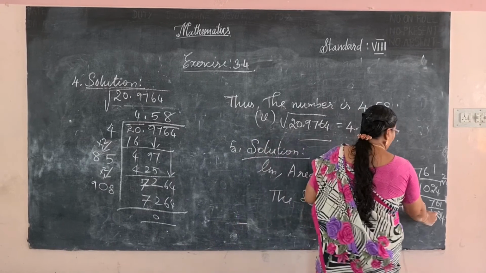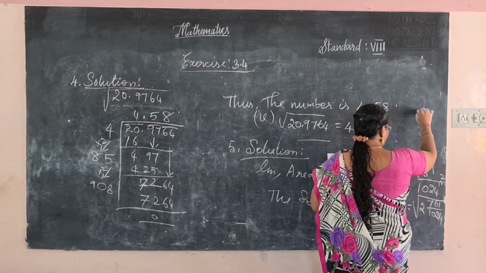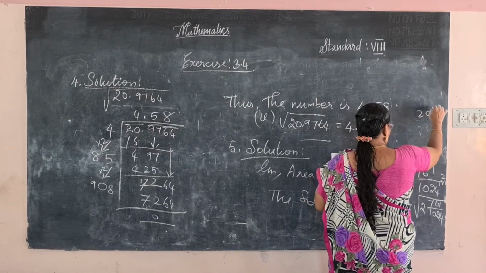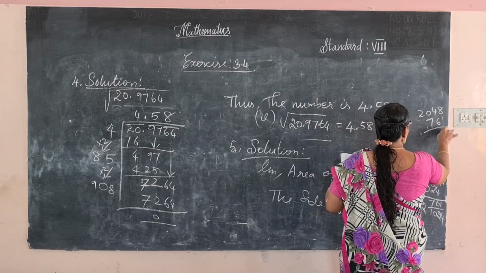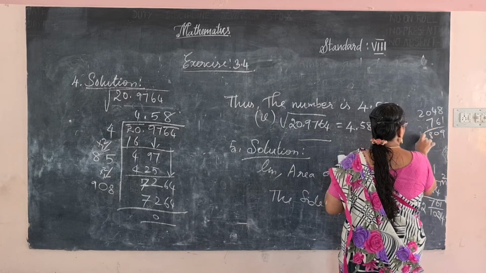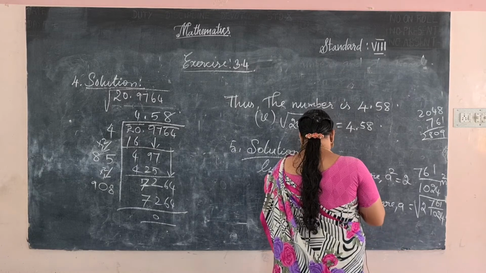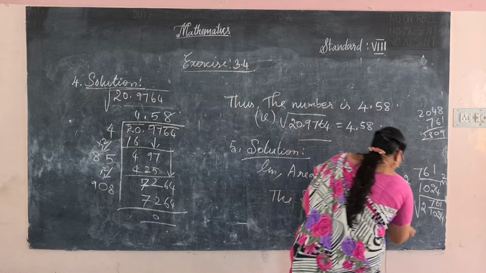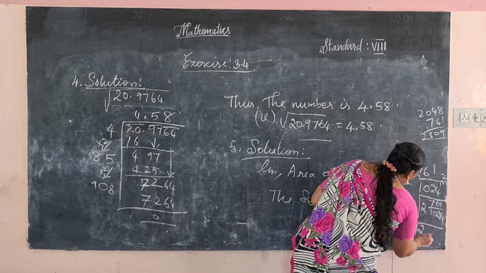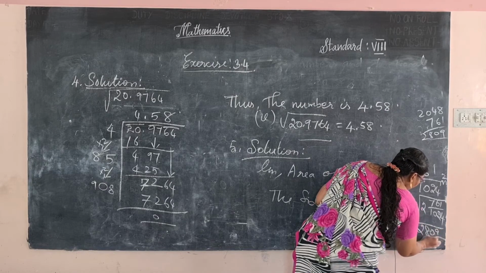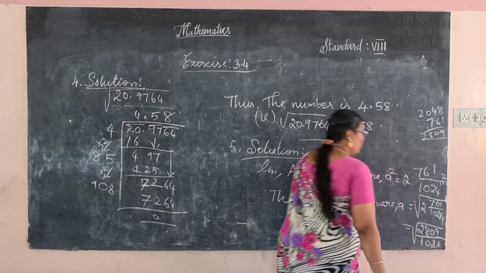Multiply 1024 by 2 and we get 2048. Add 761 and we get 2809. So the numerator value is 2809, divided by the denominator value 1024.